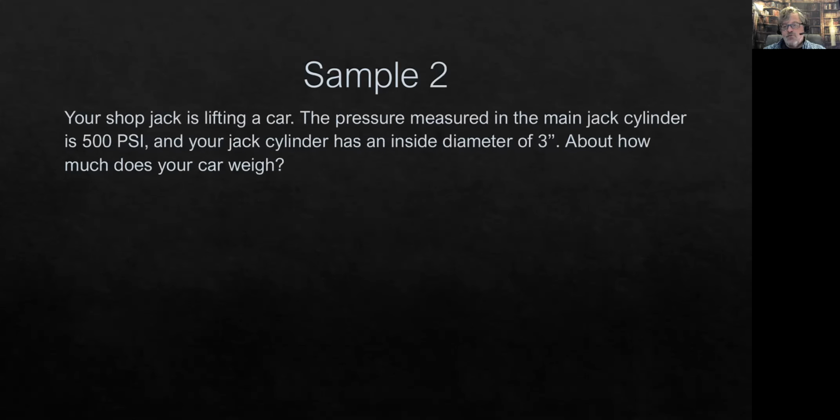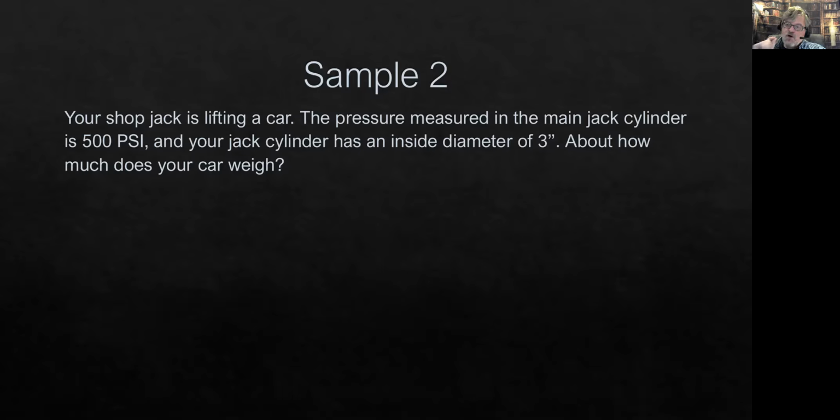So let's go sample 2. Your shop jack is lifting a car. The pressure measured in the main jack cylinder is 500 psi. Now psi, you should know, stands for pounds per square inch. That's pounds divided by inches squared. And your jack cylinder has an inside diameter of 3 inches.